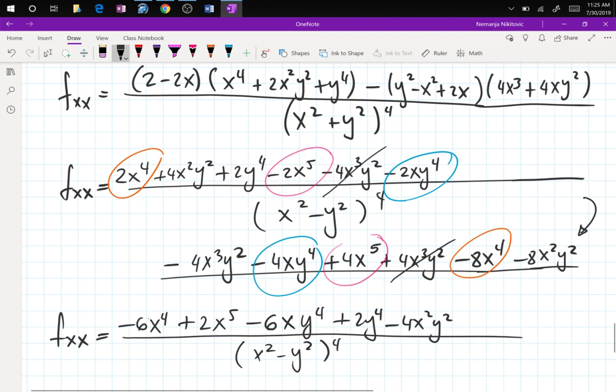Now I wonder if I by accident doubled up on this term. 1, 2, 3, 1, 2, 3, 4, 5, 6. X cubed. Now we're all good. So this one is done, this one is done, that's done. Minus 4x cubed y squared. That's it.